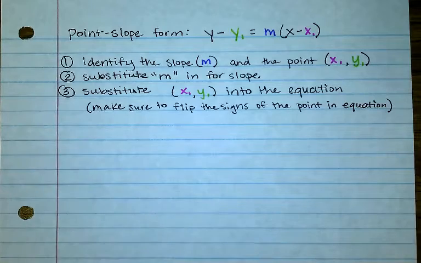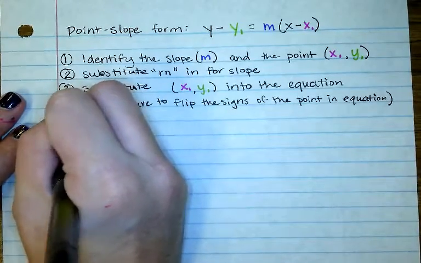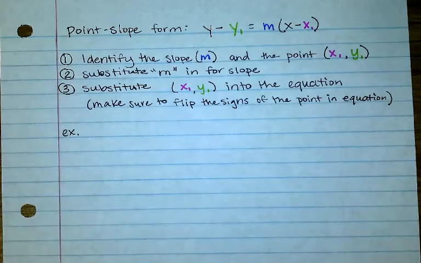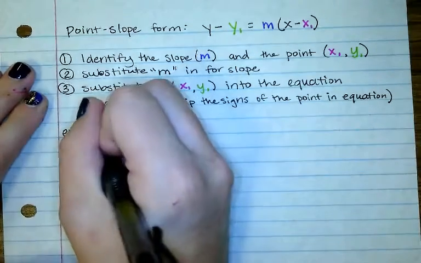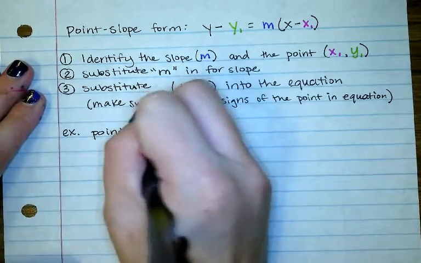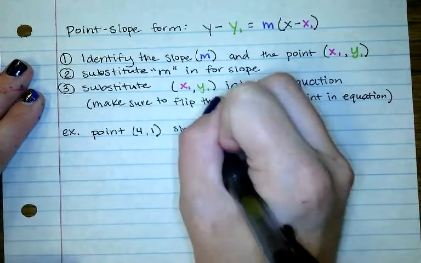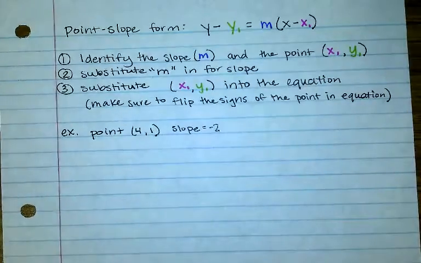All right, so I'm going to give you guys a few examples here, where we are going to take our set of points and turn it into an equation. If we have a point that is, let's say, 4, 1, and we have a slope that is equal to -2, then I want us to figure out how we can write our equation.